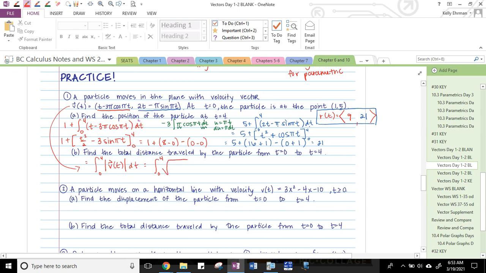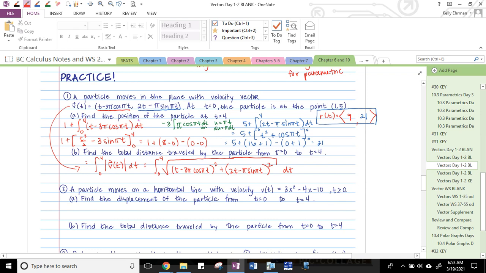So square root of (t minus 3 pi cosine of pi t) quantity squared, plus (2t minus pi sine pi t) squared. Don't forget a dt on the end.